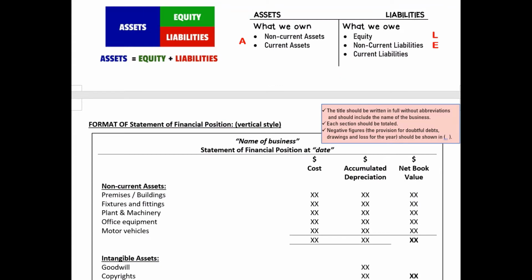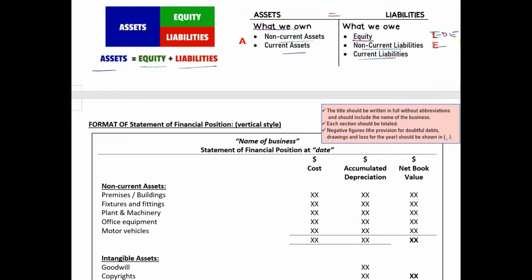So these are the items of the statement of financial position. Assets equal owner equity plus liability. Assets are what we own, non-current assets and current assets, and they equal owner equity and liability. That is what we owe to the owner and what we owe to the external sources.